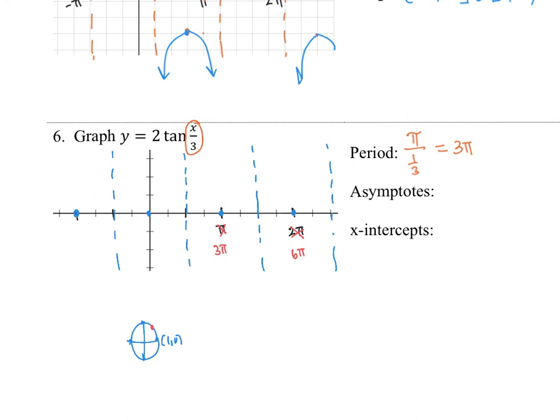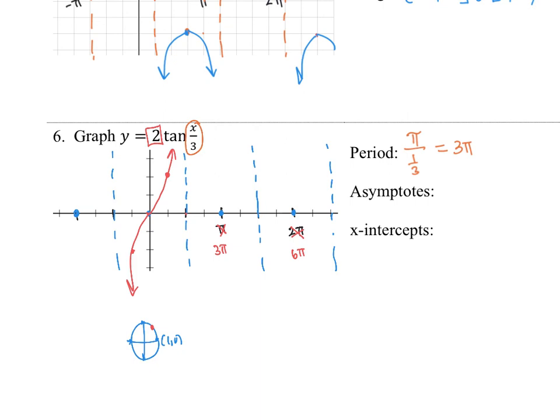Now at pi over 4, my tangent is 1, but because of the amplitude 2, instead of going up 1, I'm going to go up 2. So between 0 and this thing, I'm going to go up to the 2. That's how I'm going to show that there was an amplitude change. If it goes up on this side, then it must go down on this side, and it's going to go down to the negative 2.